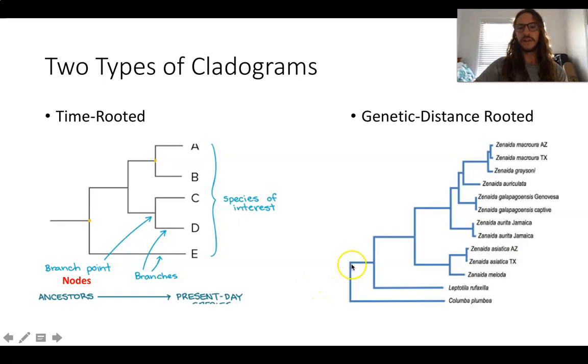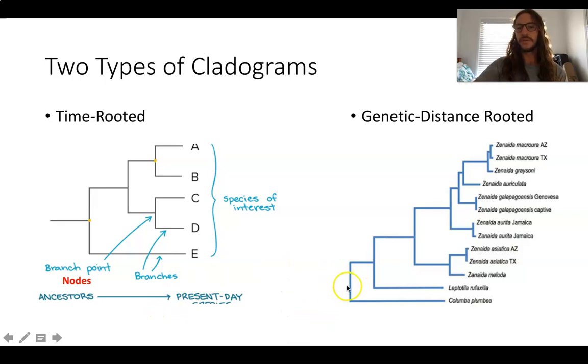We do not have to count nodes in a genetic distance-rooted cladogram. We simply look at the distance of the line. The longer the line is, the more distantly the species are related. The shorter the line is, the more closely those species are related.